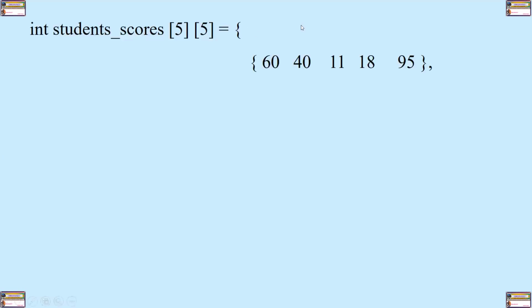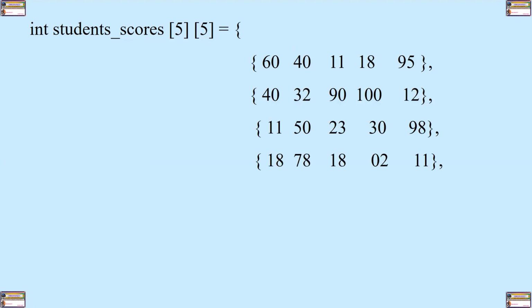So we have our brace there, the first one, and then we enclose each of the rows in braces like that. You can see the number of columns in each will just be counted by default.